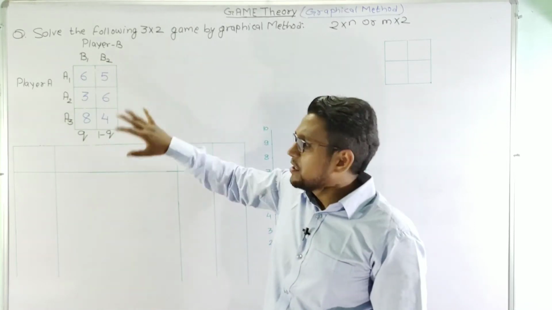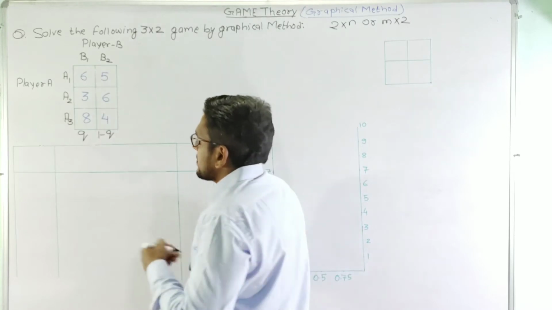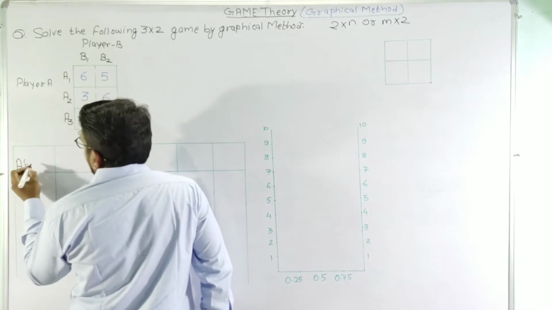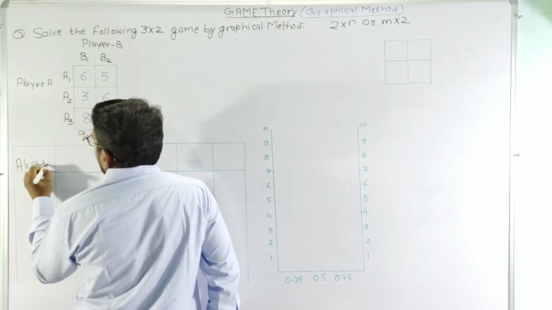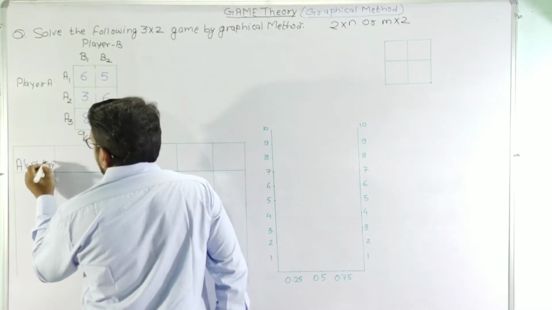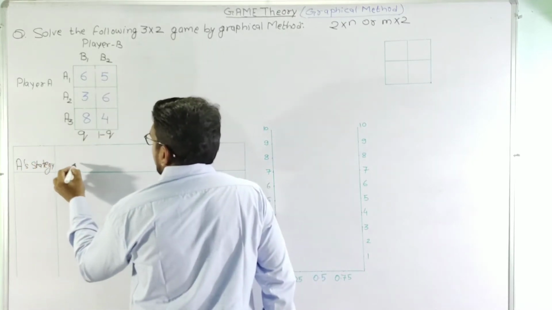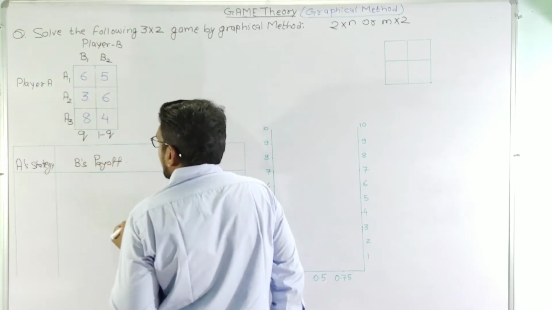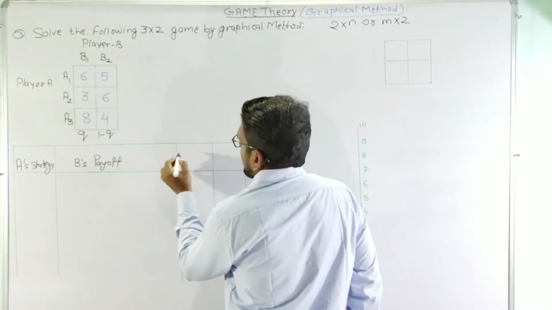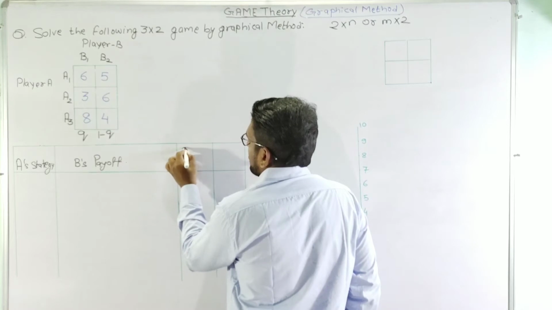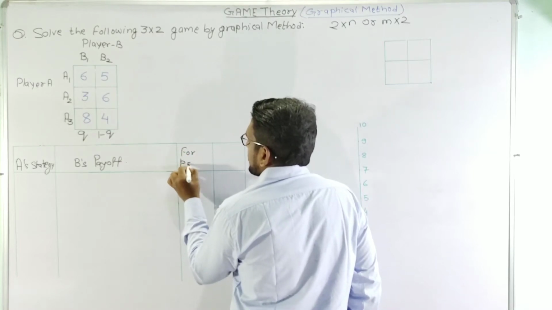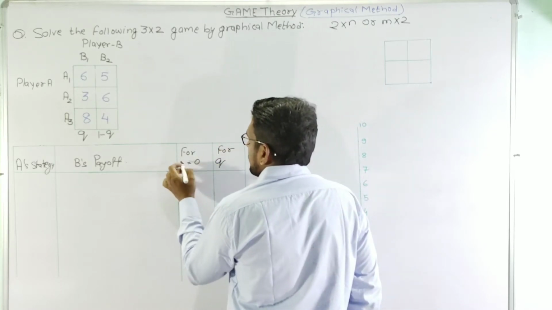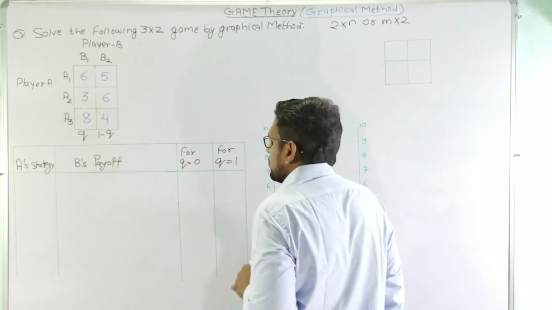In order to calculate this, we need to make a table. The table has A's strategy, B's payoff, and then we need to calculate the payoff for B for Q equals 0 and Q equals 1.